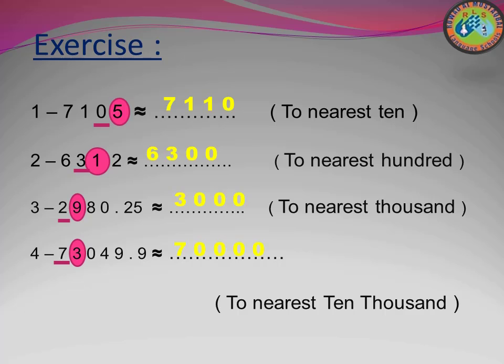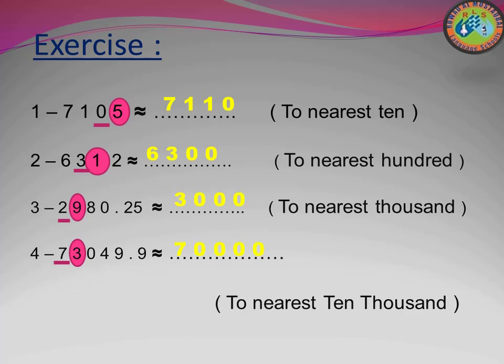Number 3, 2,980 and 2,500 approximate to the nearest 1,000. Underline 1,000 and circle the digit before. The digit in the circle is a rich number, it's 9, so I will replace it with 0, so the 2 digits before will be 0 and the underlined digit will be 3 as I add 1 to it. So it will be approximately equal 3,000.